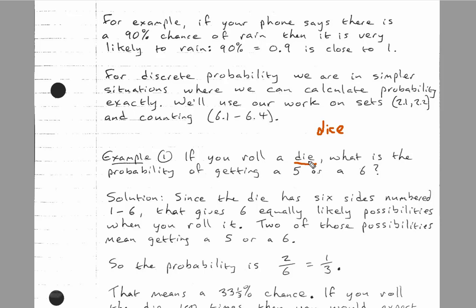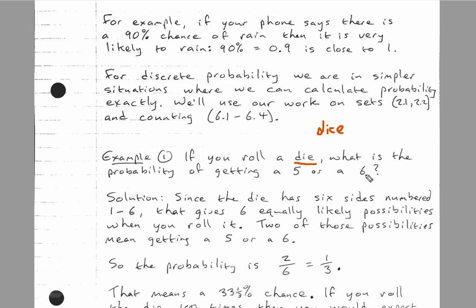A die is just a cube with rounded edges to make it roll easier, and it has 6 sides labeled 1 through 6. What is the probability of getting a 5 or a 6?